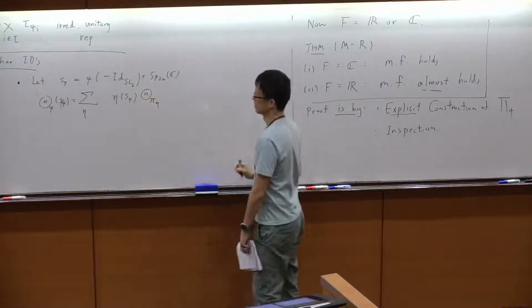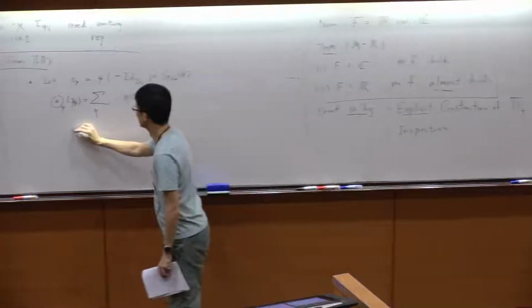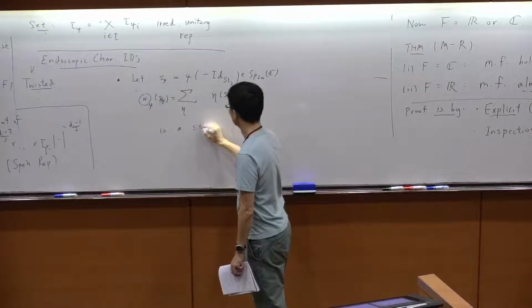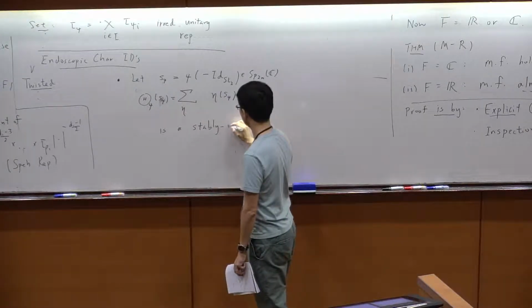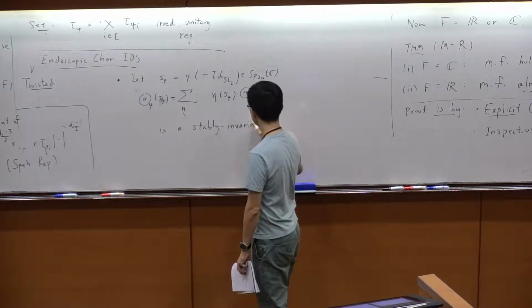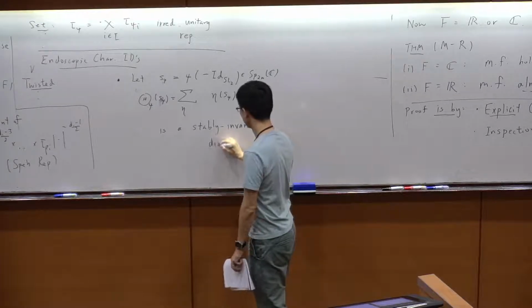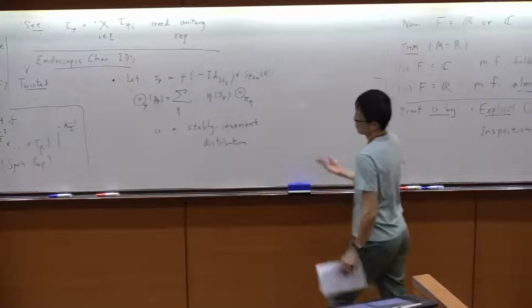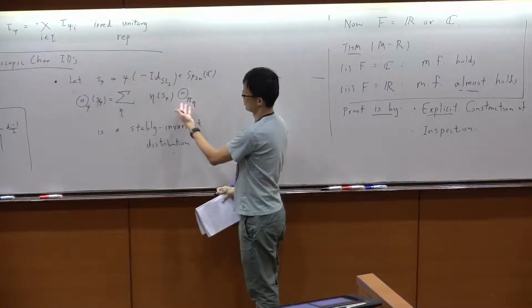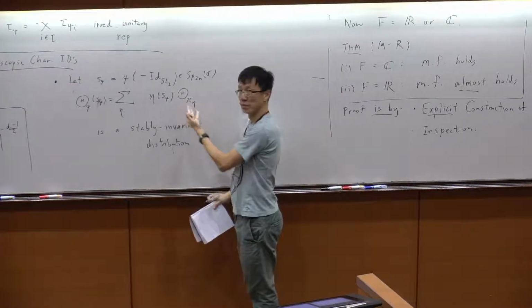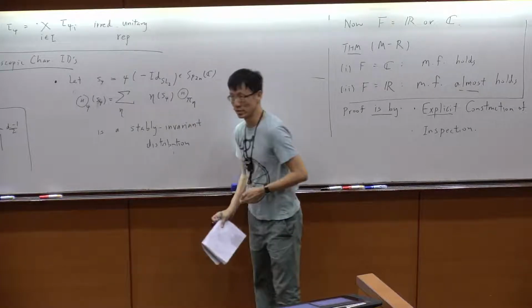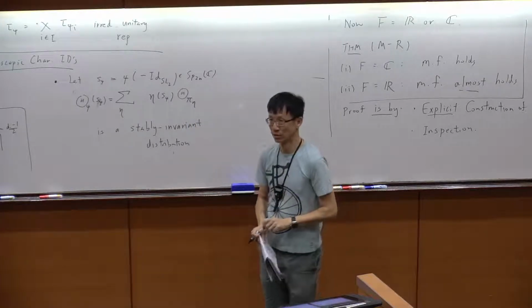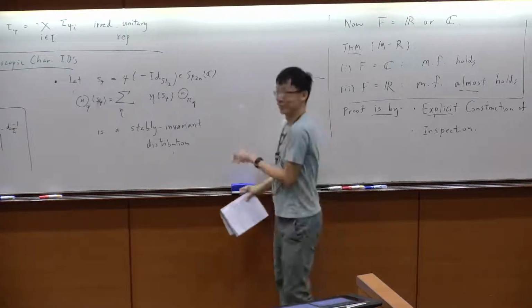I evaluate this, and then I would like this to be a stably invariant distribution. This is just a linear combination of finitely many characters, and characters are conjugacy invariant distributions, but you pretend they are functions.